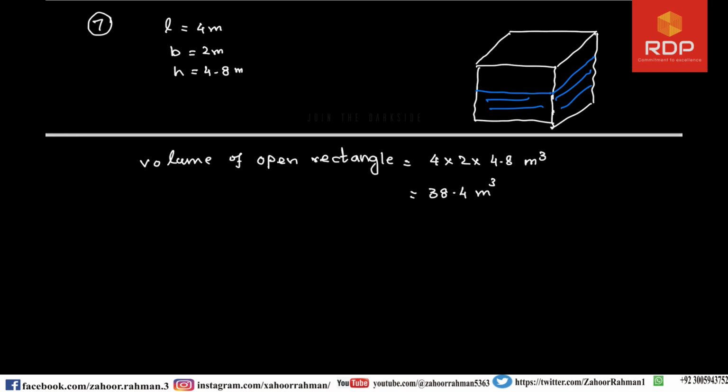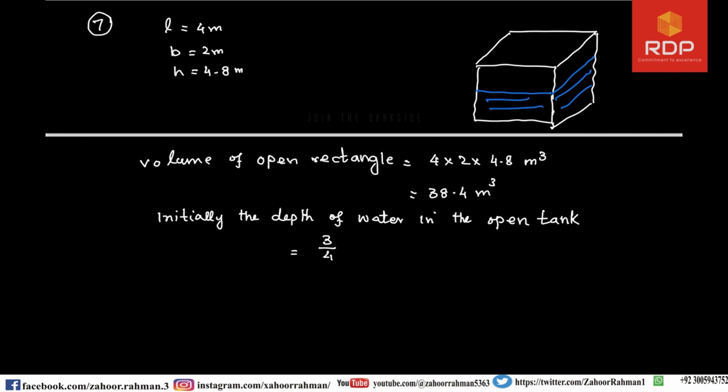Okay, that was the first job, and now we have to find the volume of water in the open rectangular tank initially. So we are writing initially the depth of water in the open tank will be equal to 3/4. Why? Because 3/4 is filled.